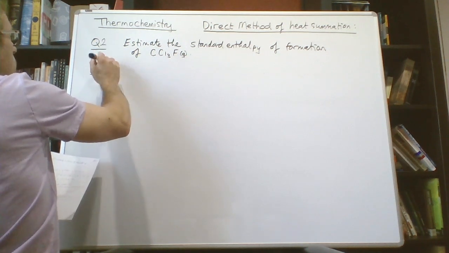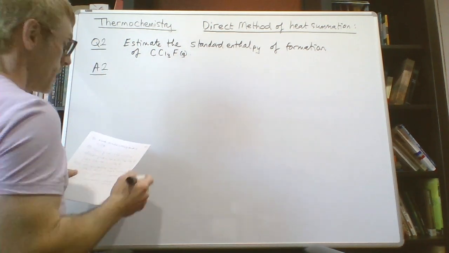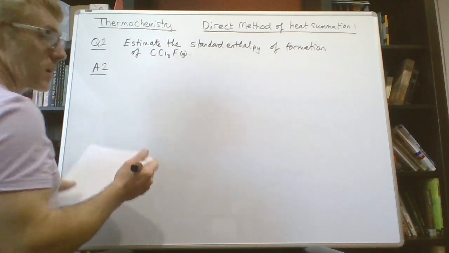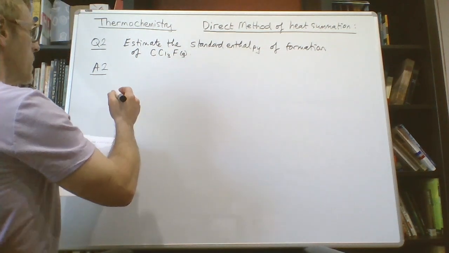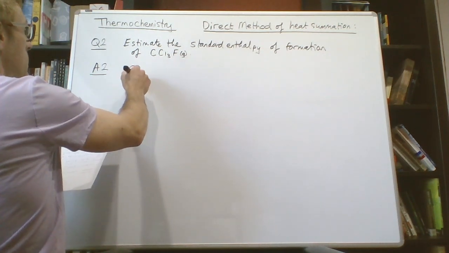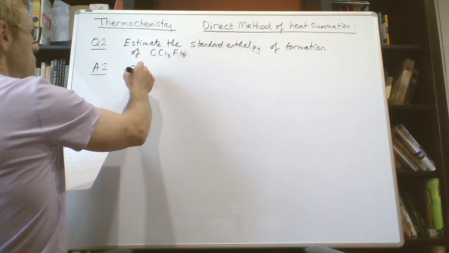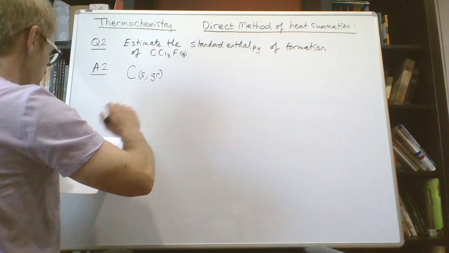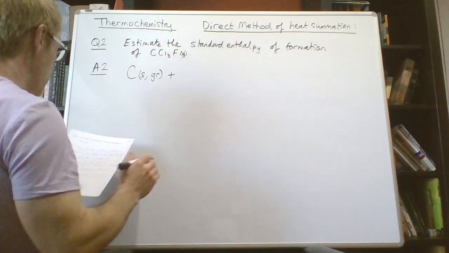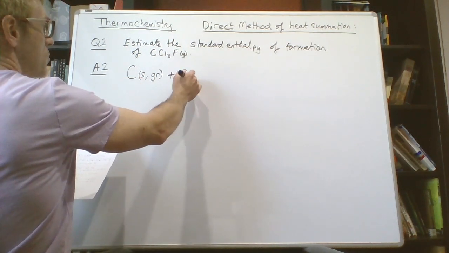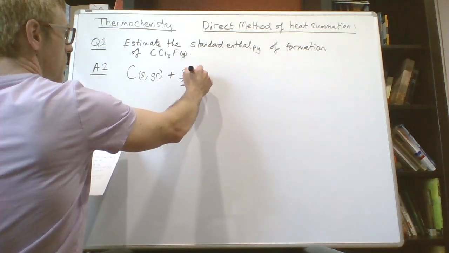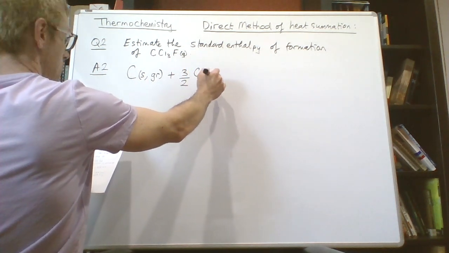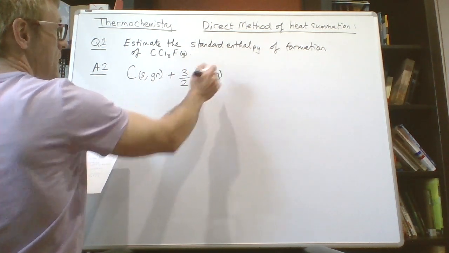So our answer to, we're going to use the same idea, so we're going to build some muscle memory here. We have carbon, which typically presents as a solid in the graphite form. And now I have 3/2 lots of the chlorine molecule in the gaseous phase.